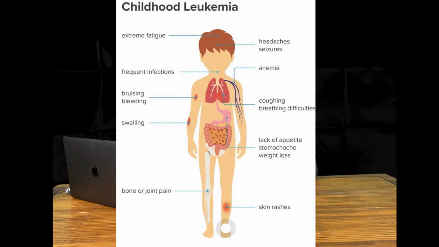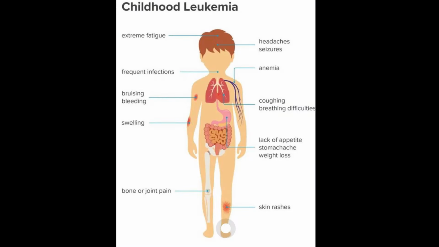And at this point, if we confirm the leukemia and we don't treat the leukemia, then it can spread to all parts of the body and it can affect all functions of the body and it can lead to death.